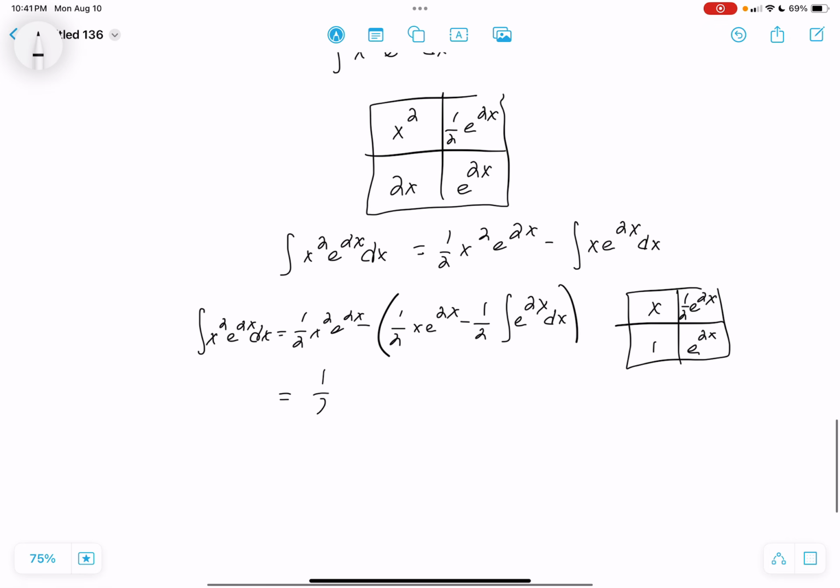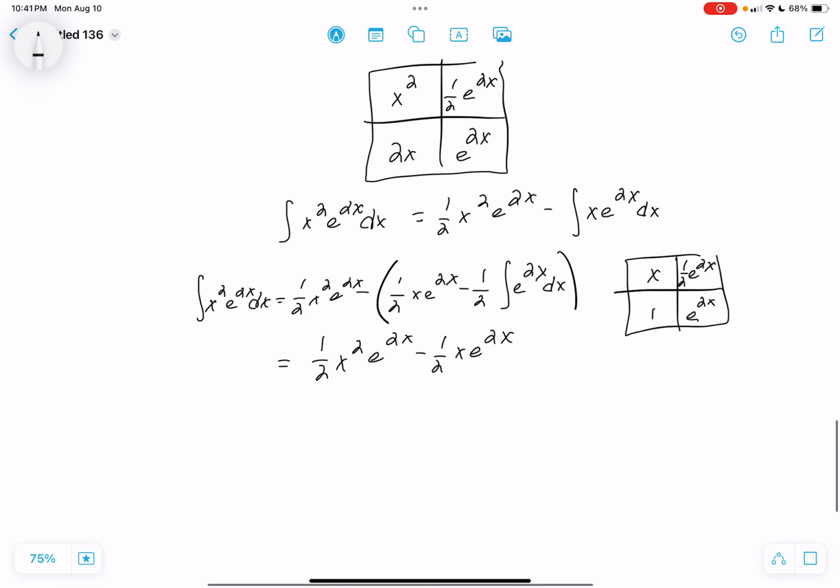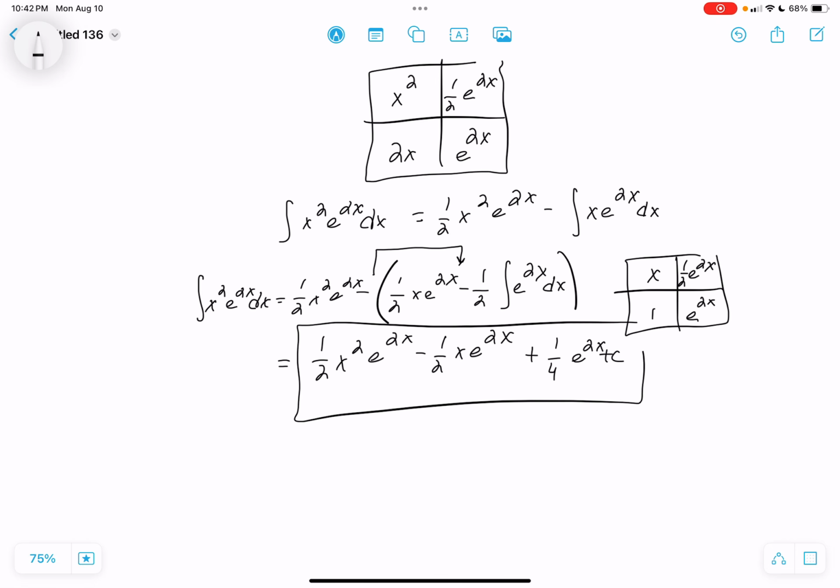And this will equal 1/2 x squared e to the 2x minus 1/2 x e to the 2x. Now the integral of e to the 2x is 1/2 e to the 2x, so that's negative 1/4, but this negative here distributes, so that's really plus 1/4 e to the 2x, and do not forget that constant of integration.